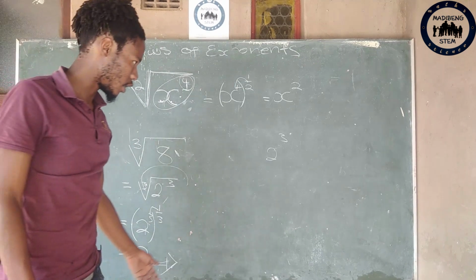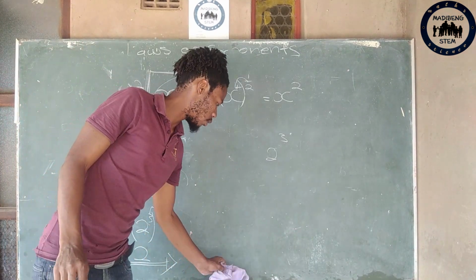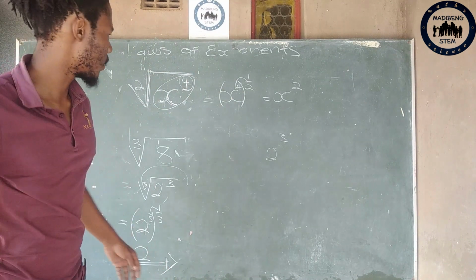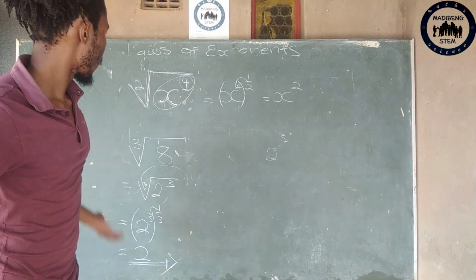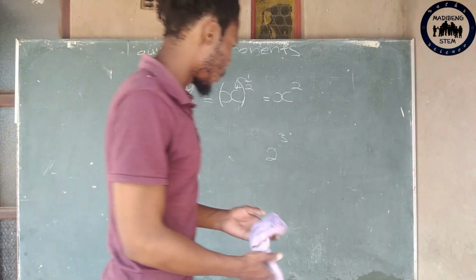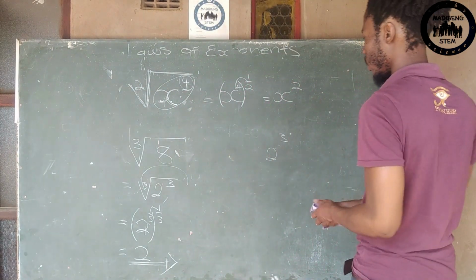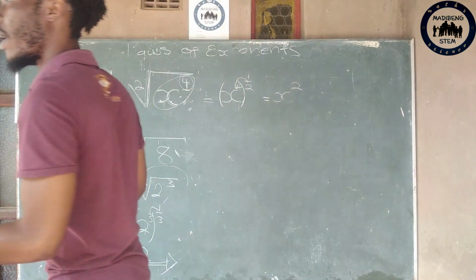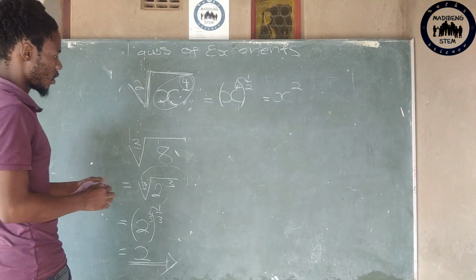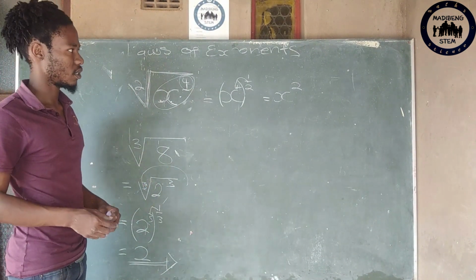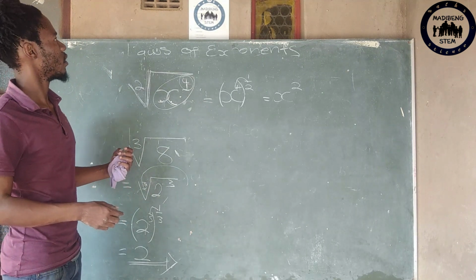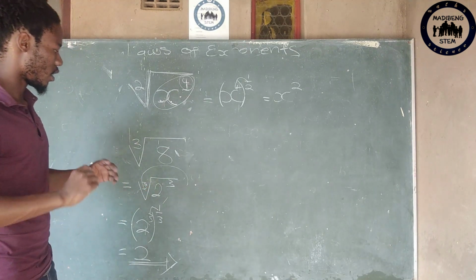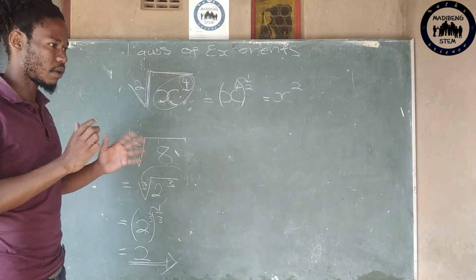Even if you put it inside your calculator, because at some point they will tell you to simplify these exponents or these problems without the use of a calculator. Usually they say without the use of the calculator. So you have to know how to change these numbers, some are perfect squares and others are not perfect squares.